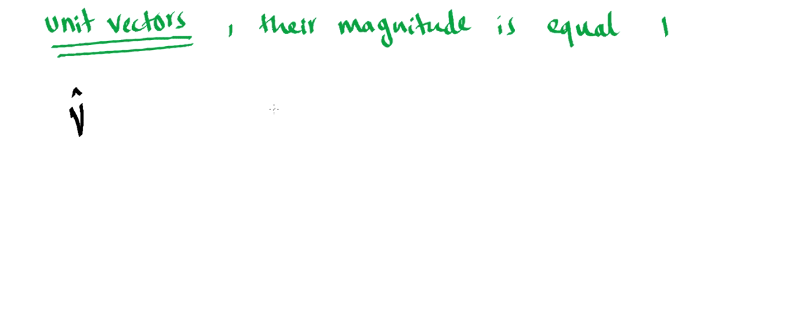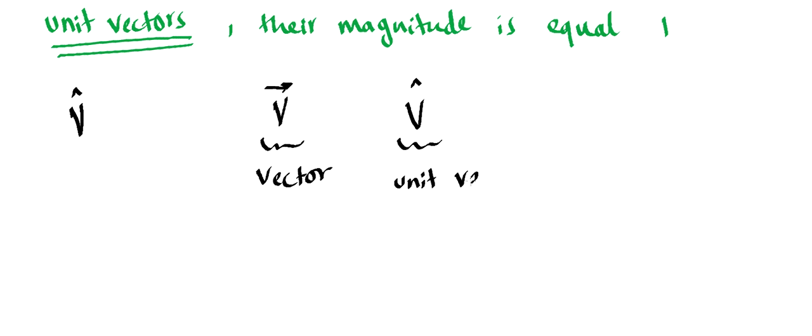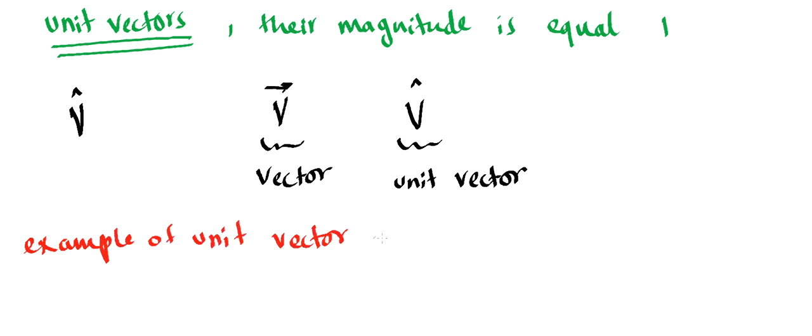Like this will be a vector, this will be a unit vector. So an example of a unit vector will be this vector over here, 1 over square root 3, 1 over square root 3, and 1 over square root 3.